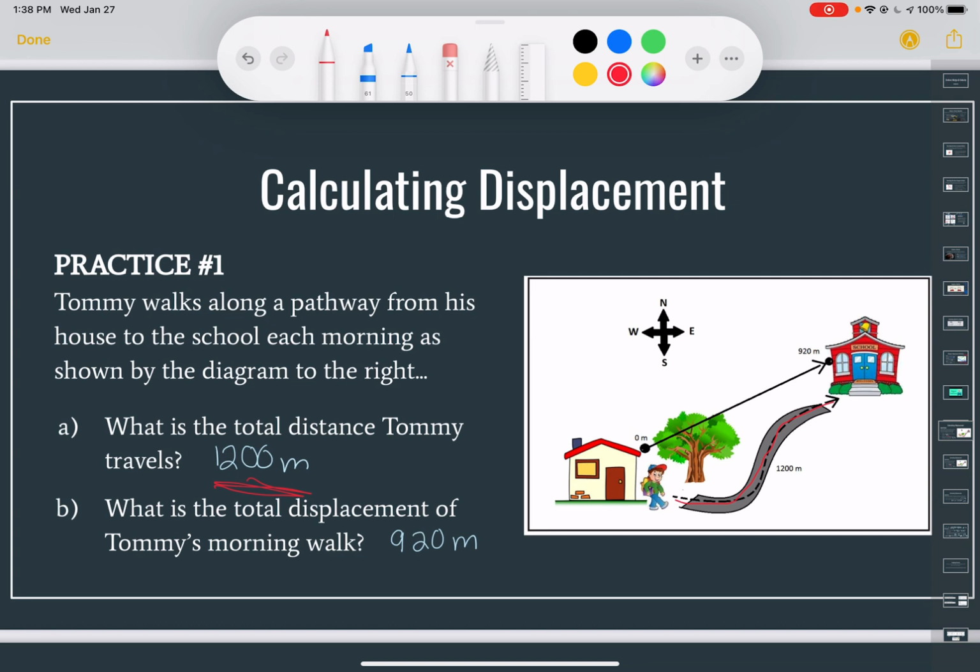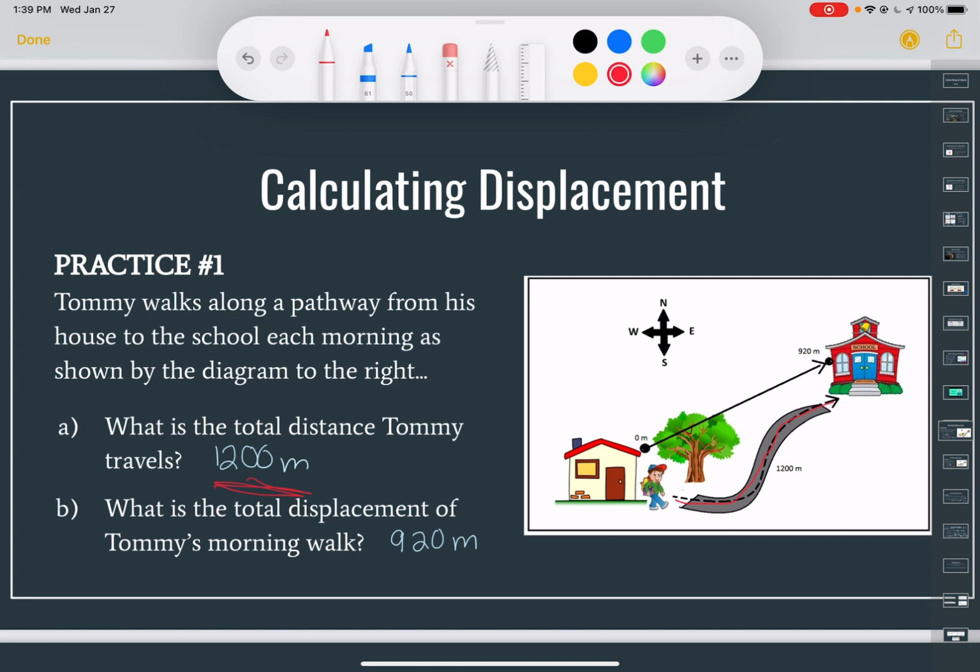But his house, if we didn't take that path, is actually only 920 meters away. And you can see that with that arrow. So when we're looking at displacement, how far is he from where he started? He's 920 meters.